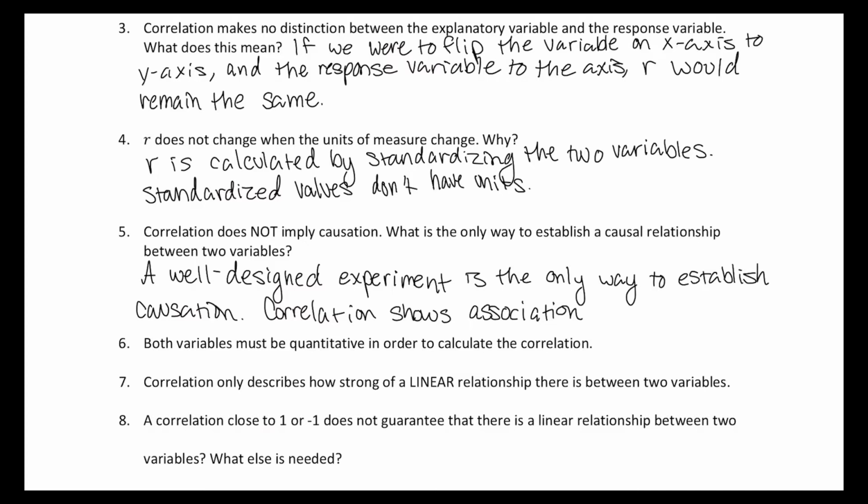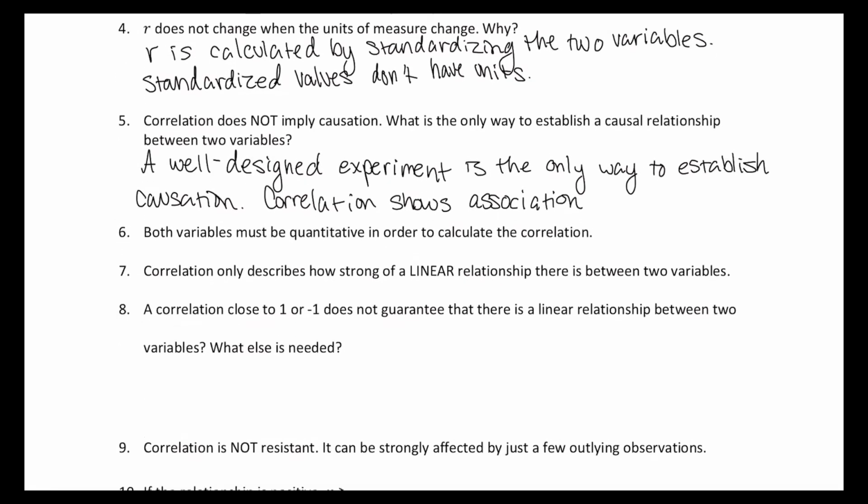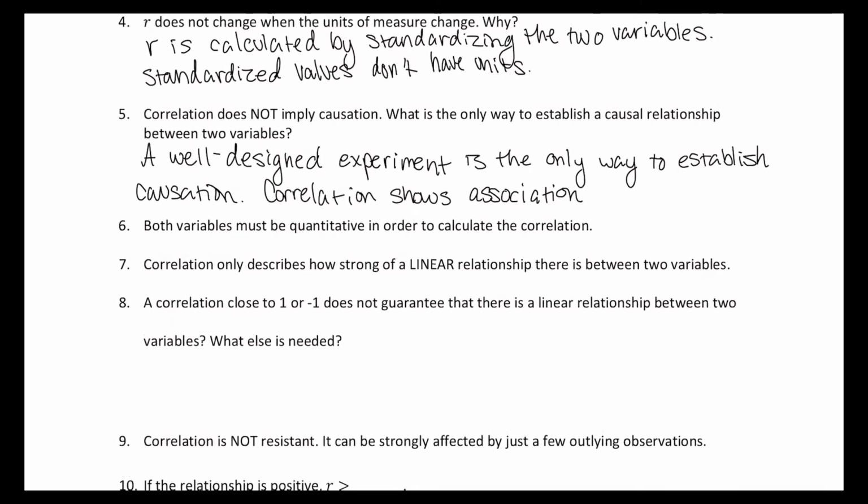If we notice that those dots are curved, we can still calculate that correlation R, but it's not necessarily going to mean as much. And when we have correlation close to -1 or +1, this doesn't guarantee that there is a linear relationship between the two variables. Other things that we need are a scatter plot.